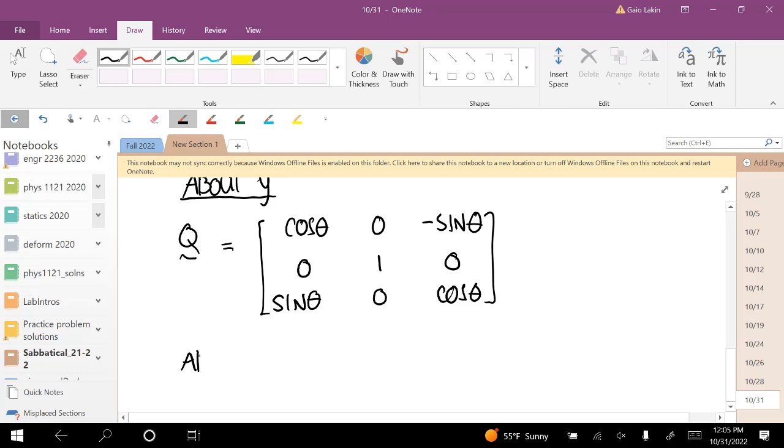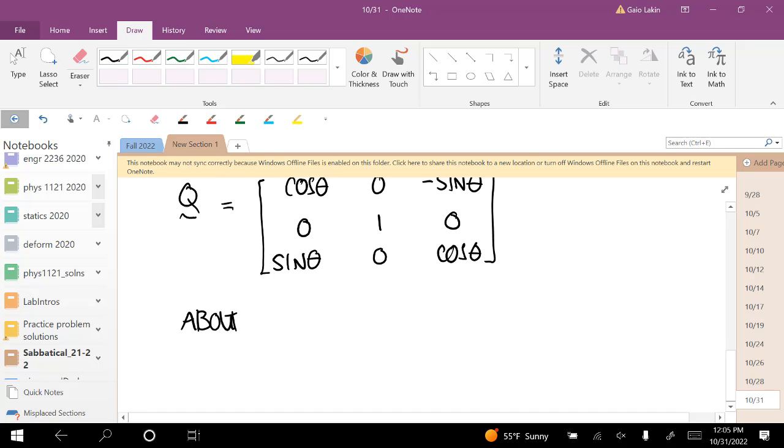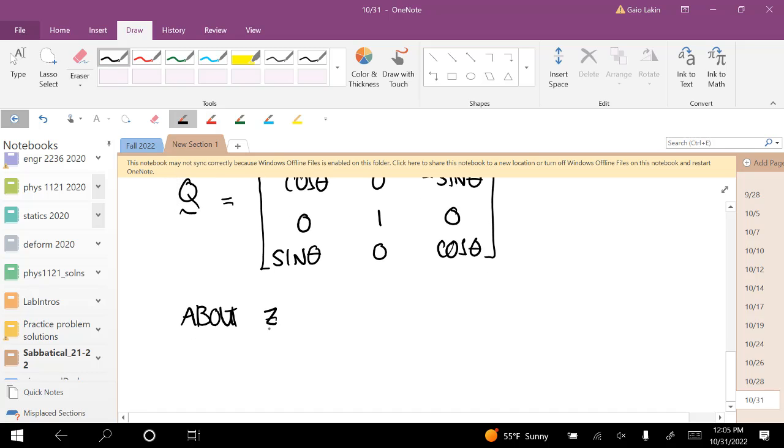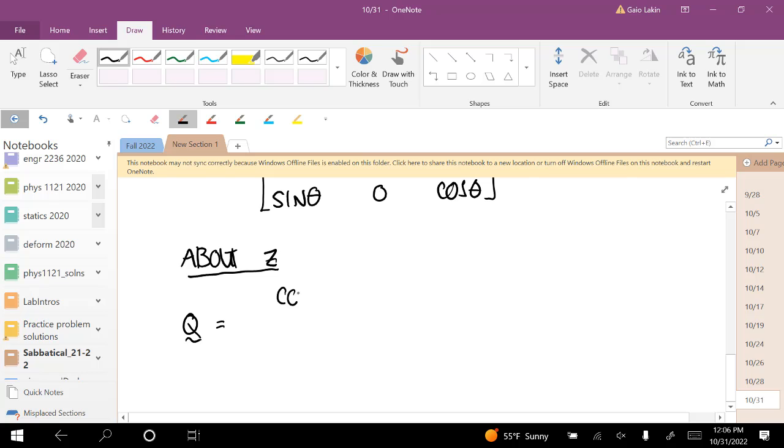And about the z-axis, which is the one we're going to use all the time because we're doing internal loads in 2 dimensions in the xy plane, this rotation matrix is cosine theta, sine theta, 0, negative sine theta, cosine theta, 0, 0, 0, 1.